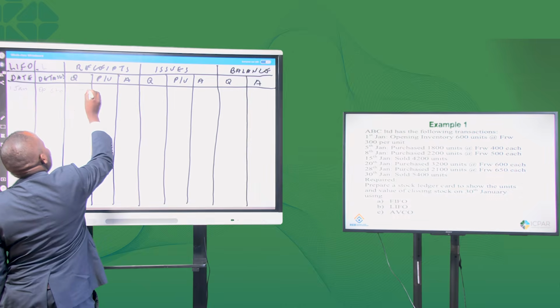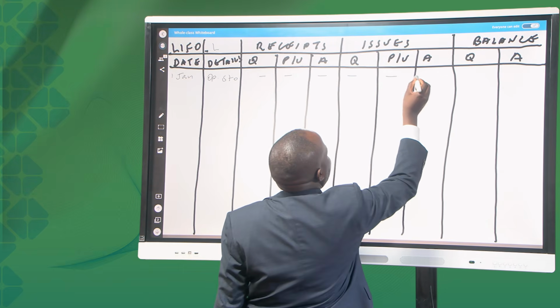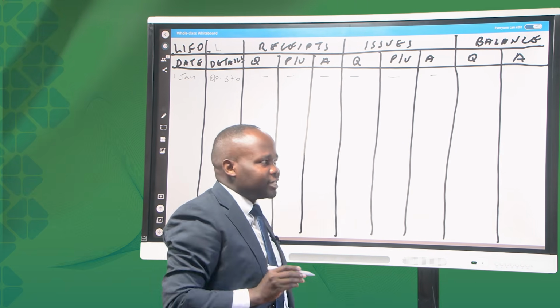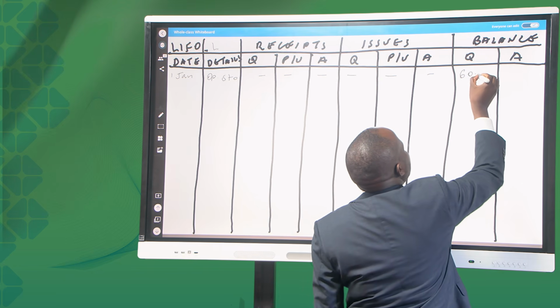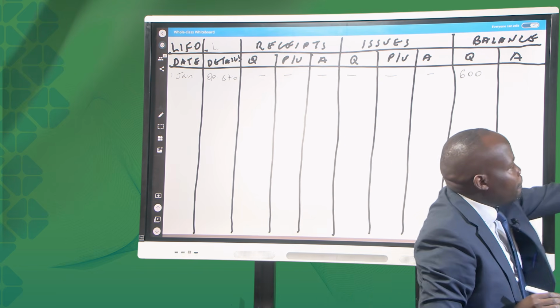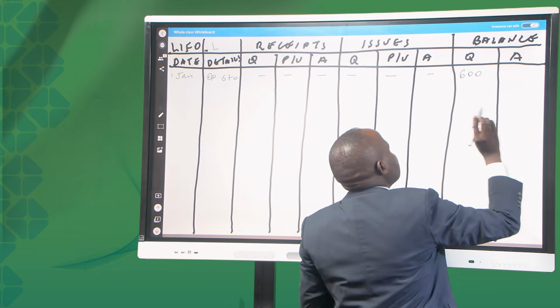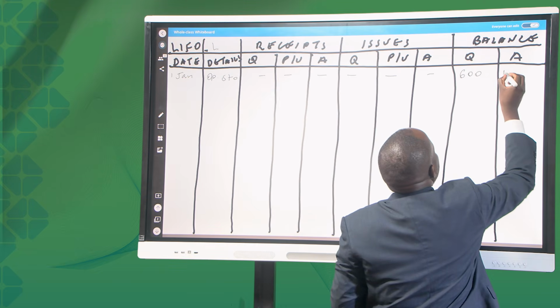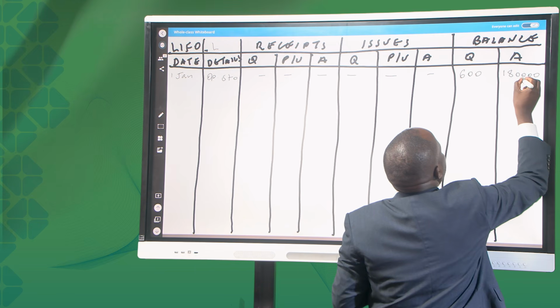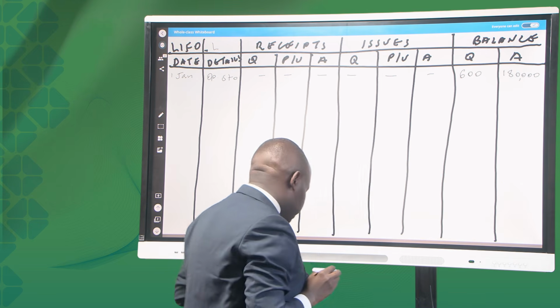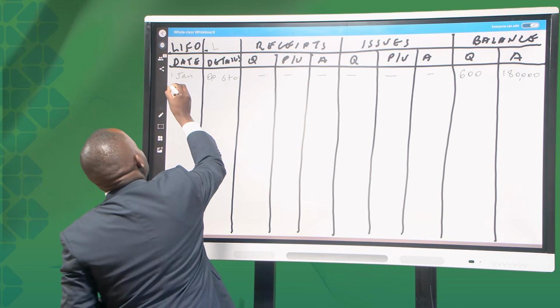As we looked at in the previous example, our opening stock is a balance. Our opening stock is 600 units at a price of 300. So 600 times 300 is 180,000. So that is our first date.